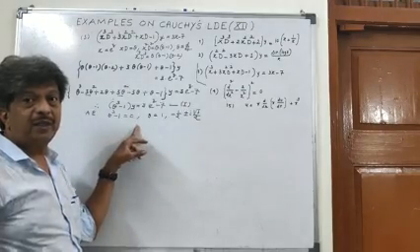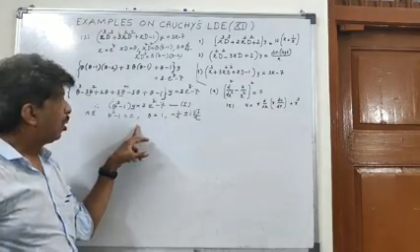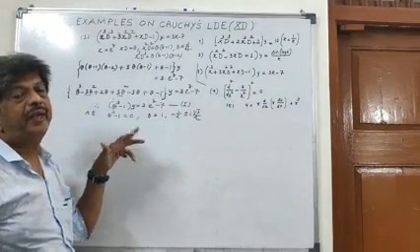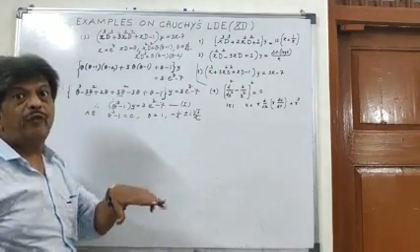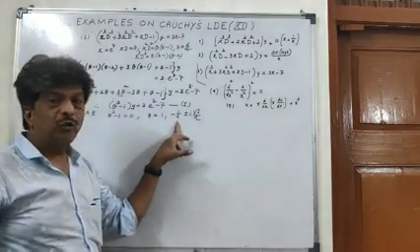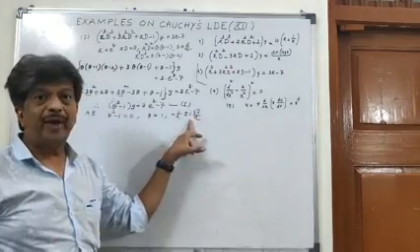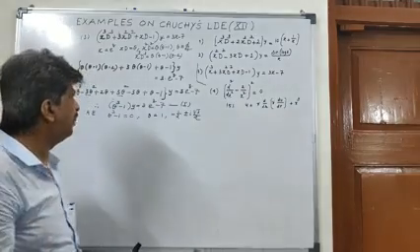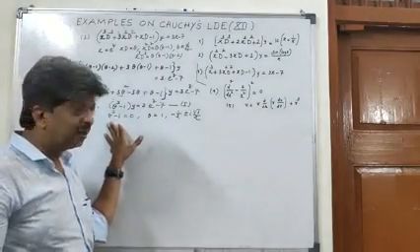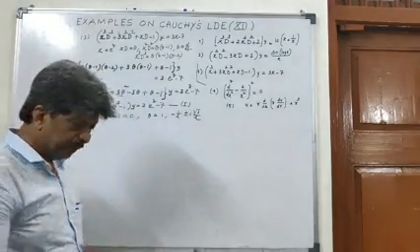This auxiliary equation gives us the 3 roots of unity. And 3 roots of unity are 1, minus 1 by 2 plus i times root 3 by 2, minus 1 by 2 minus i times root 3 by 2. If you find these 3 roots on your calci, you will get these 3 roots.